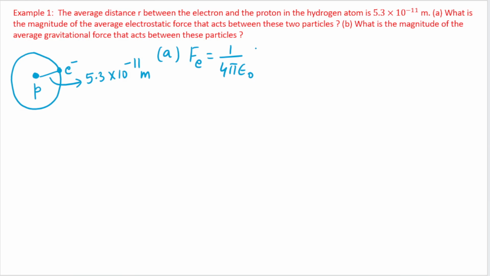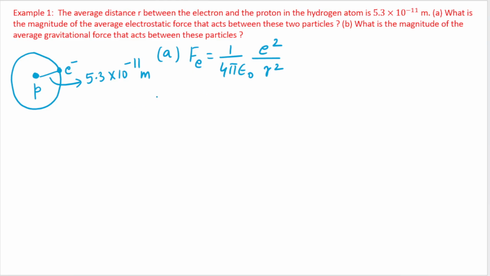Since the charge of the electron and the charge of the proton is same, we can replace Q1 and Q2 by e square divided by the square of the distance between the two particles.